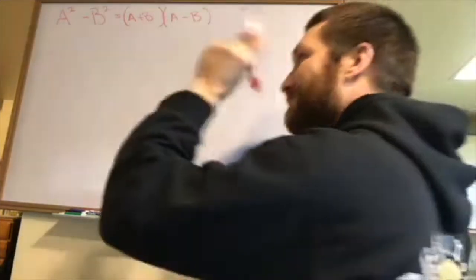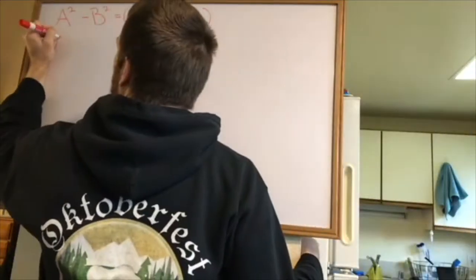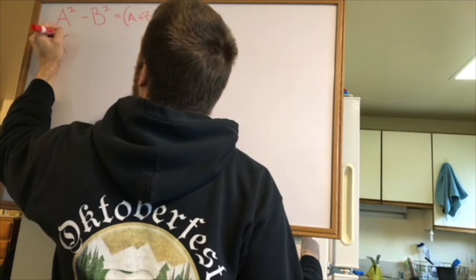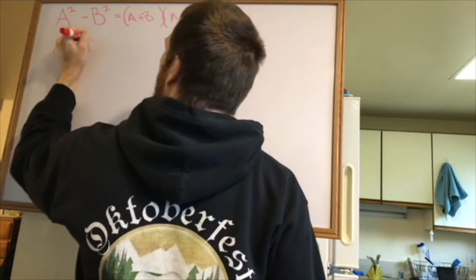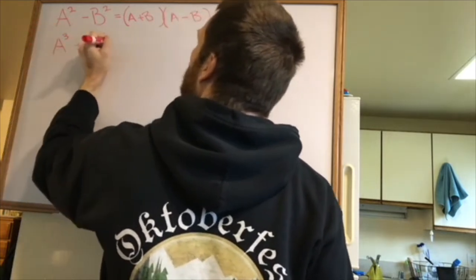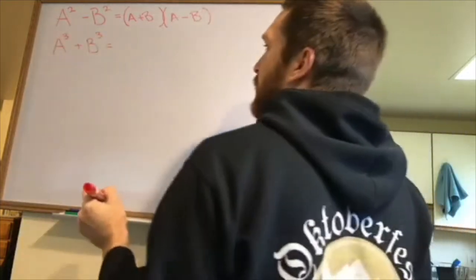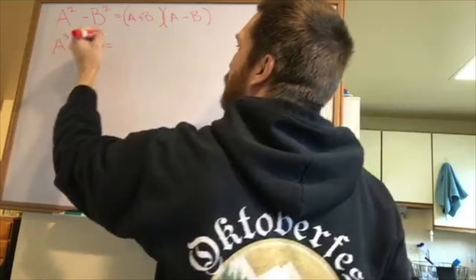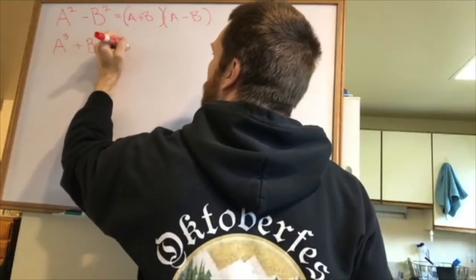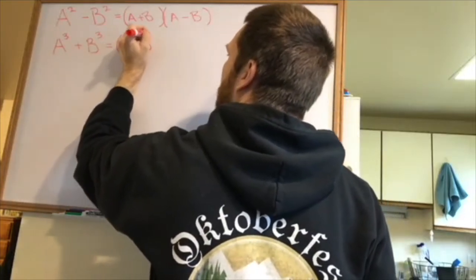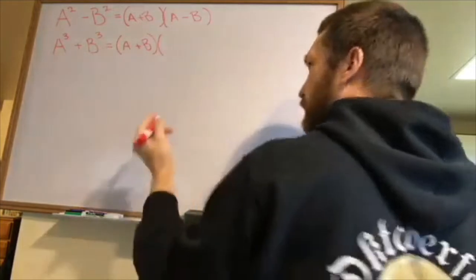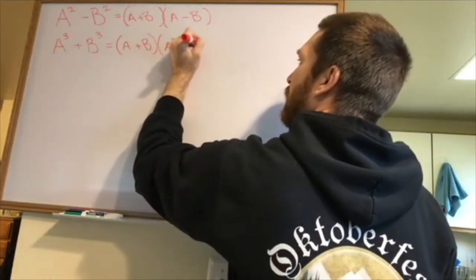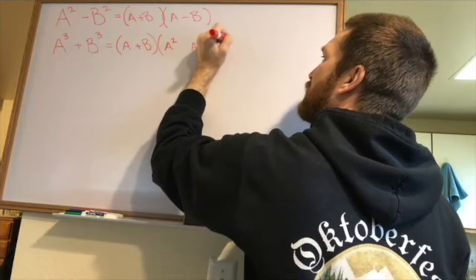Now, here's another one. Actually, let's do the sum first. We'll do the sum of two cubes. We have the difference of two squares, and now we have the sum of two cubes, and that works out to be a plus b times a squared, ab, b squared.